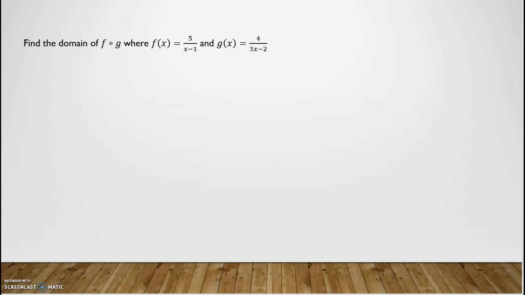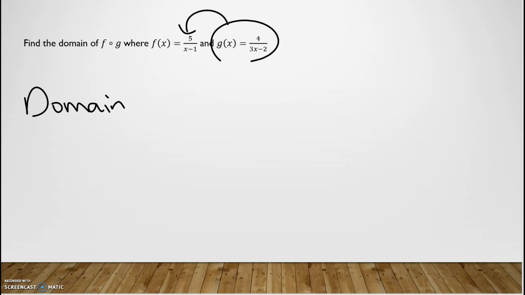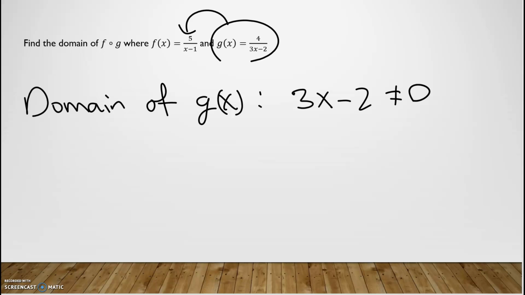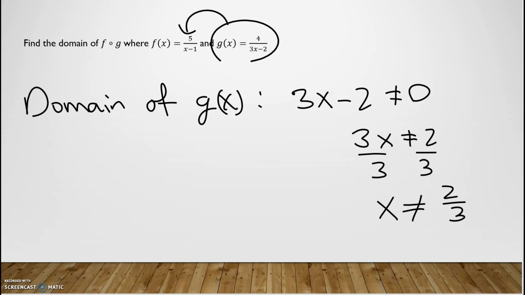Find f of g, so we're putting this function into this one, so I need to find the domain of g of x, which means since it's a fraction, I'm going to set the bottom equal to what we don't want it to be, 0. I'm just solving for x here. So x cannot be equal to 2/3. Now I'm going to put this up here. I'll bring it back later.